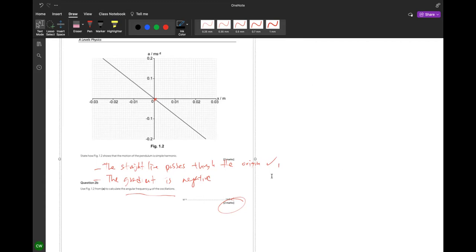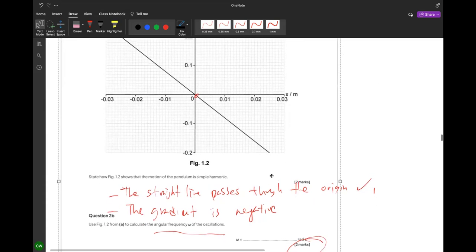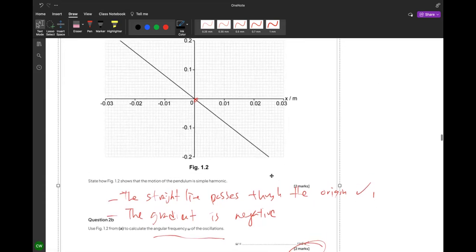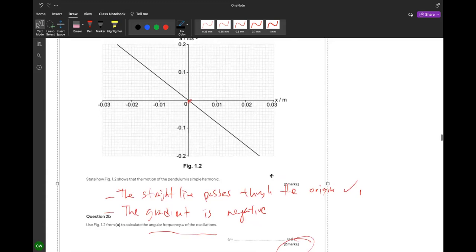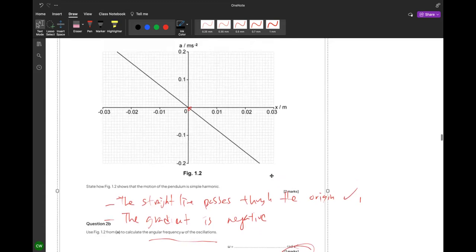Okay, got the answer? This one must answer. Yeah, I have to use the graph.